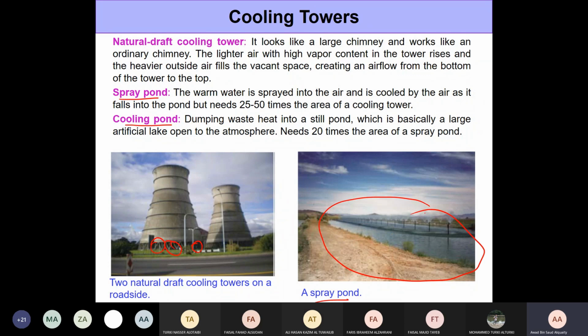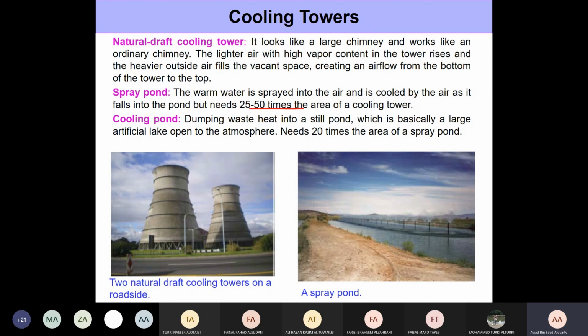You have sprays that you can see around, and the water that we're going to take is this water at the bottom, which is liquid, right? And this is going to be cooler than the water that we are spraying through those tubes here. Of course, it's another way, but in terms of the area, it's not a very efficient way, because it's going to require about 50 times more area than a cooling tower for achieving the same cooling need, right?